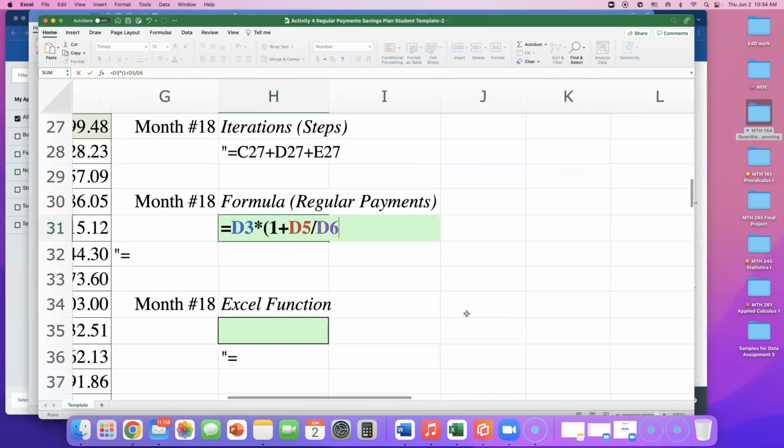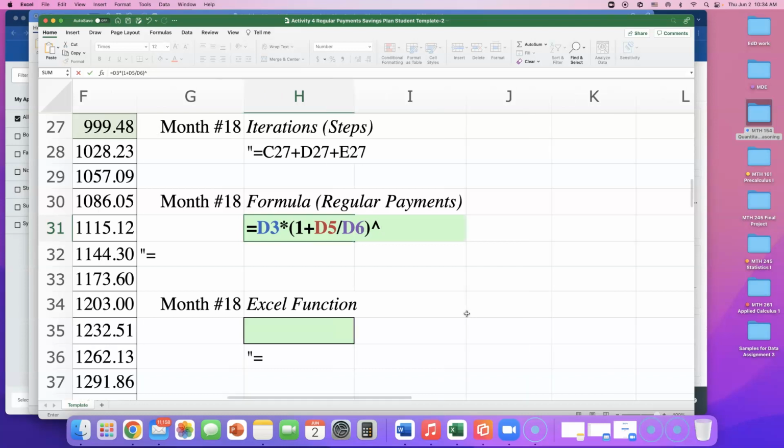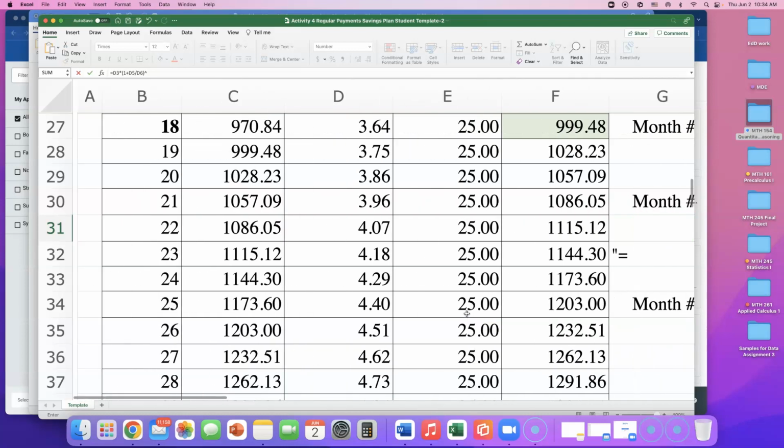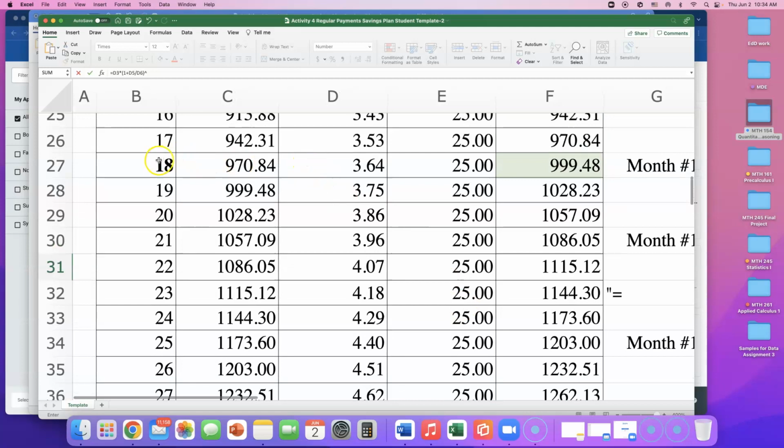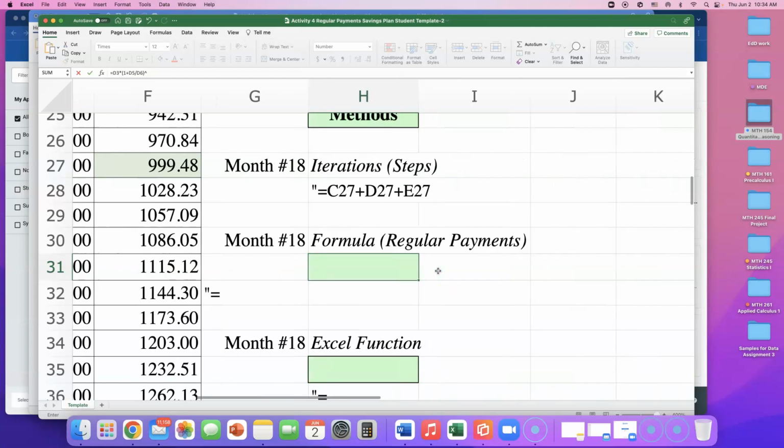I'm gonna go ahead and close the parenthesis and raise that to the 18th power. I guess you don't have to do the cell referencing, you can just type in 18. Yeah, I think that will be better. I'll just type in 18. So what I typed in so far is how much my principal will grow.